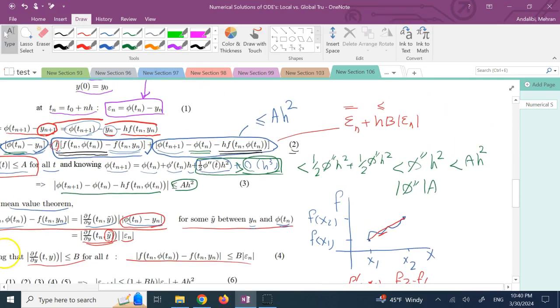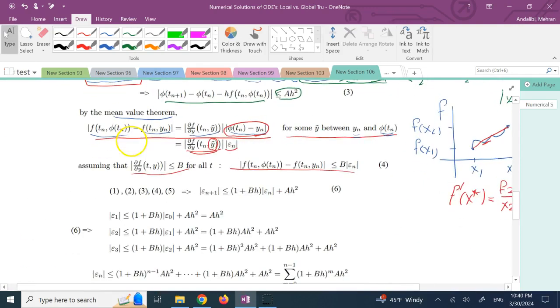And then again, less than or equal to a times h squared. Okay, so that is going to be like this, right? And if I take absolute value and then I combine these two terms together, then I'll get this one. Okay, yeah?